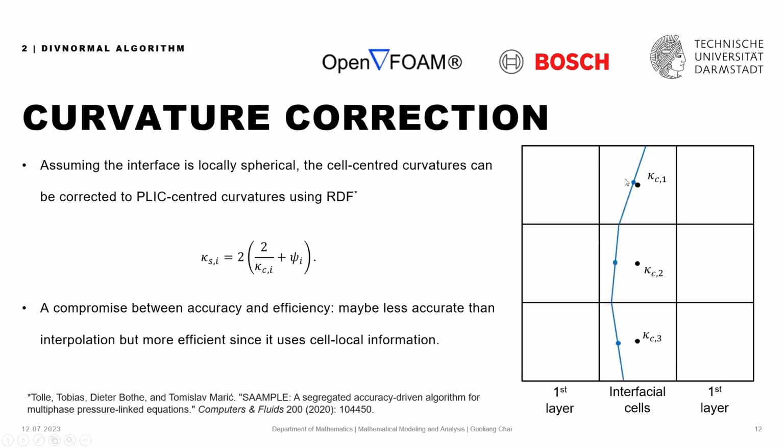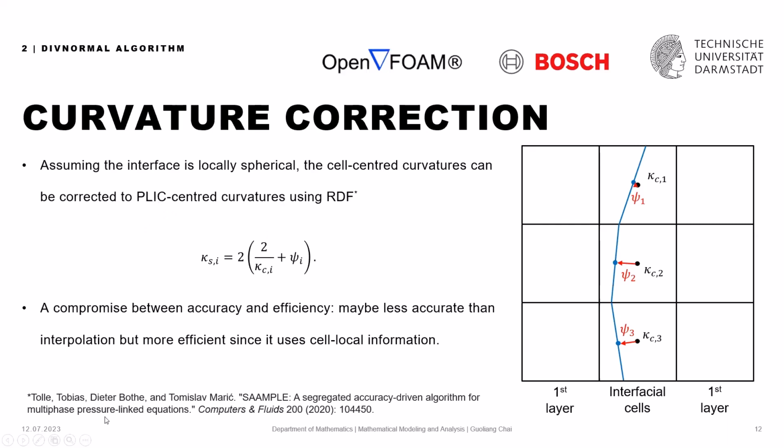Now there is also the problem of how to calculate the plate-centered curvatures. Because we assume the interface is locally spherical and the cell-centered curvature is correct, we can use a correction weight for the plate-centered curvature, because we have the signed distance information, the RDF.